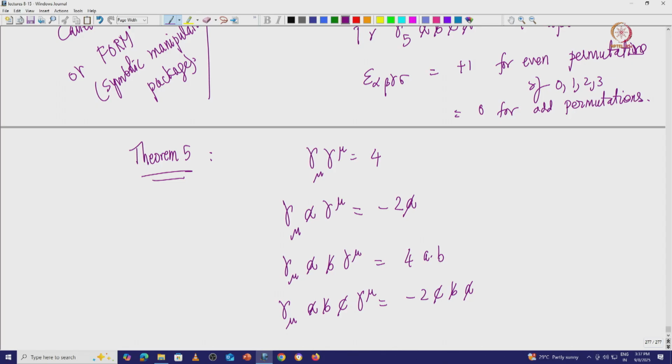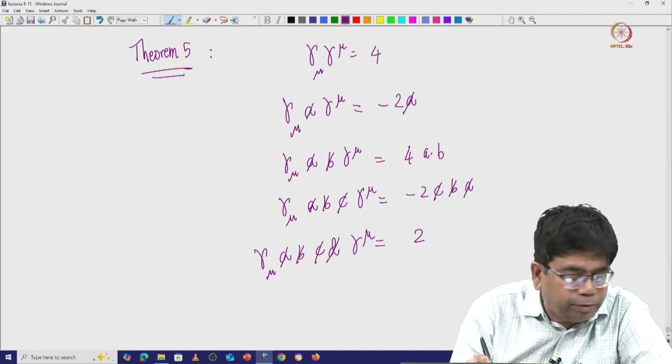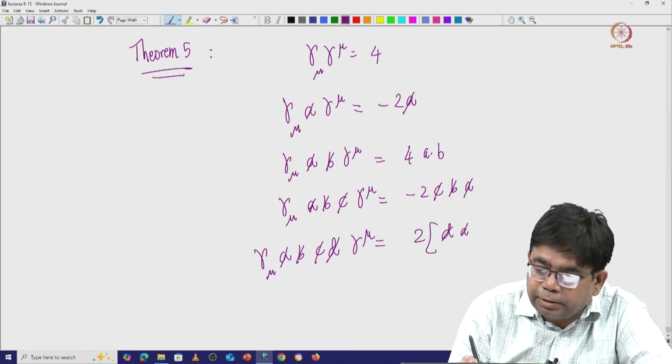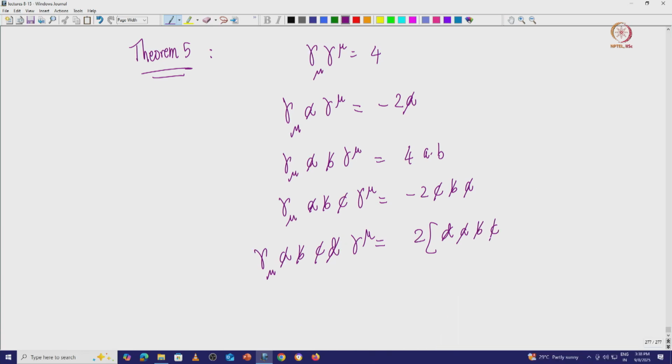If you have 4 of those essentially you can take 2 things at a time, and you have some gamma mu a slash b slash c slash d slash gamma mu. So this is equivalent to 2 times d slash a slash, and then you have b slash c slash plus c slash b slash a slash d slash.